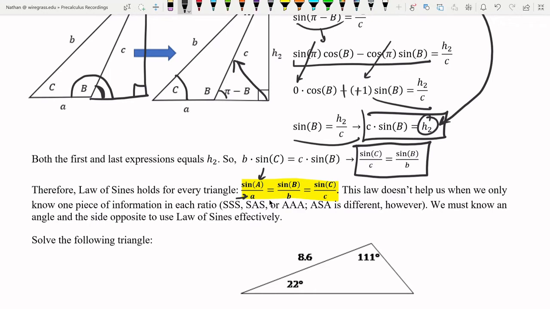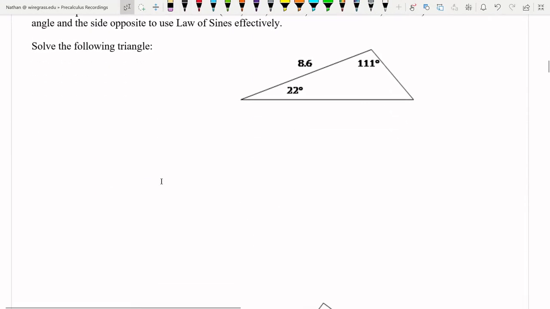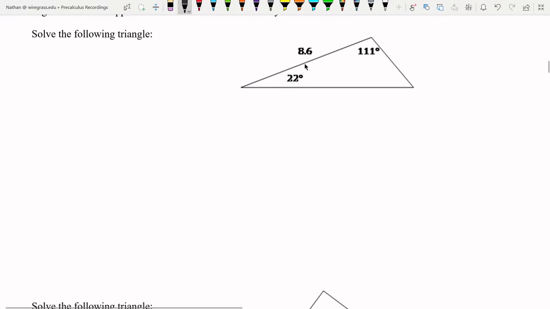So let's see that in practice here. We have a triangle here, and we have angle, side, angle. That's what this is read as. So this is angle, side, angle. And we do not have a side and angle opposite, right?